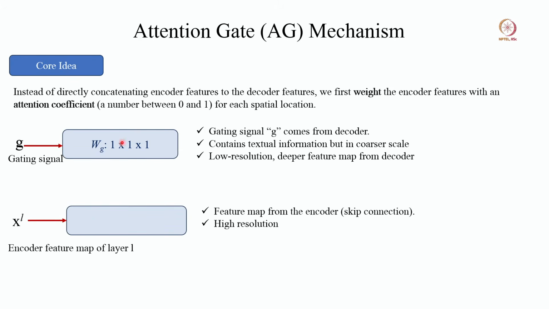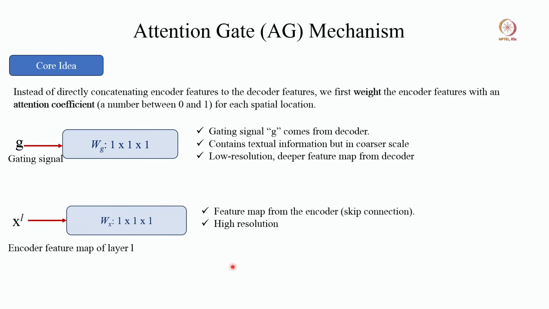And then what we see is this gating signal goes through a 1x1 convolution, and it's a filter, and here also it goes through a 1x1 convolution. Both WG and WX are learnable kernels. What are kernels basically?